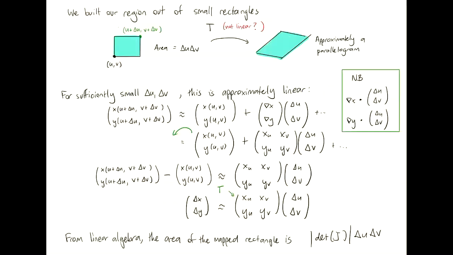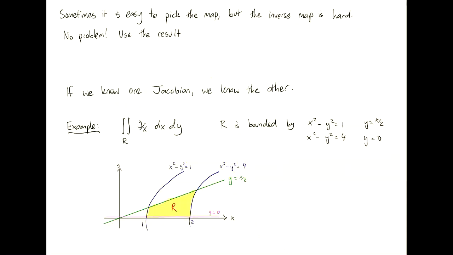Taking this to its logical conclusion, we get the very useful rule: partial (u,v) over partial (x,y) times partial (x,y) over partial (u,v) is equal to 1.